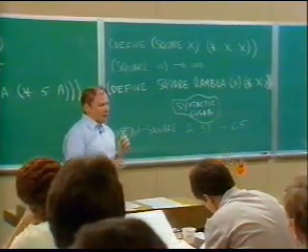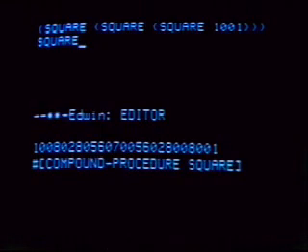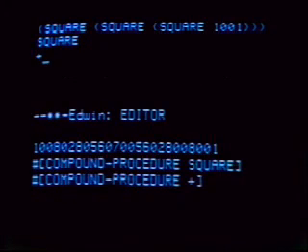In fact, we can drive that home by looking on the computer one more time. We talked about plus, and in fact, if I come here on the computer screen and say, what is the value of plus, notice what Lisp types out. On the bottom there, it typed out compound procedure plus. Because in this system, it turns out that the addition operator is itself a compound procedure.